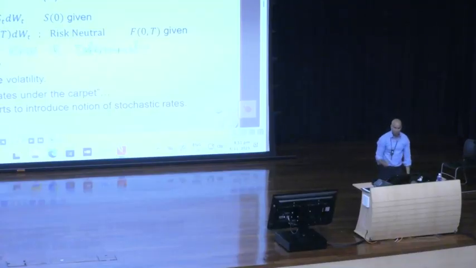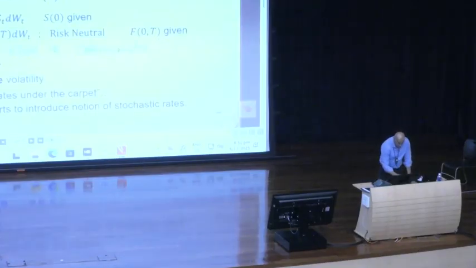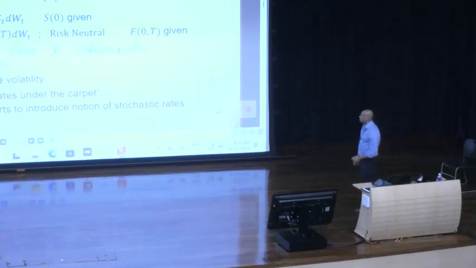As I've just shown, sigma for dF is the same as sigma for the stock price process. Now, when r is stochastic, that is when sigma S is not equal to sigma F.